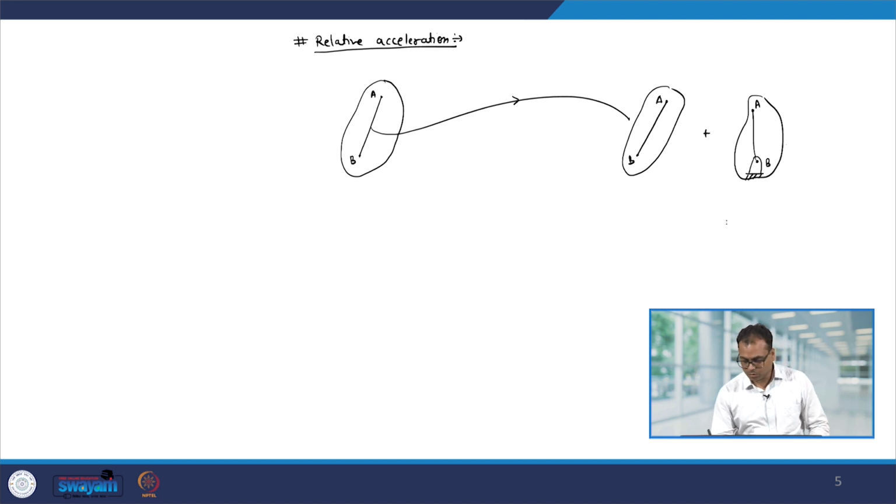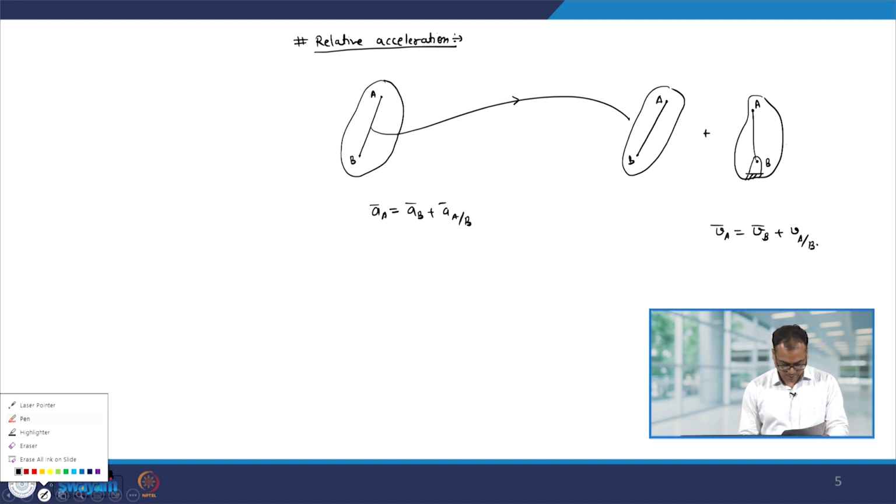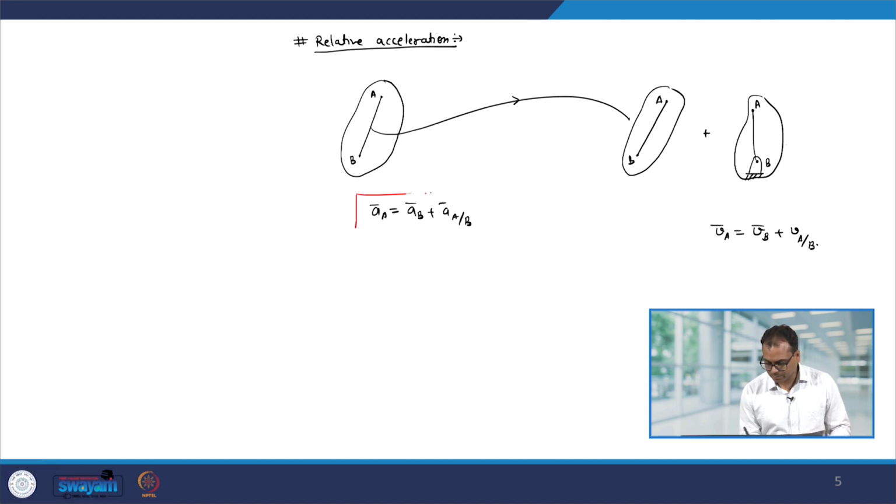And we also saw that the velocity of point A will be the velocity of point B plus velocity of A with respect to B. Now, if we differentiate it, then we get the acceleration of point A equal to the acceleration of point B plus the acceleration of point A with respect to B, and all of them are vector quantities.